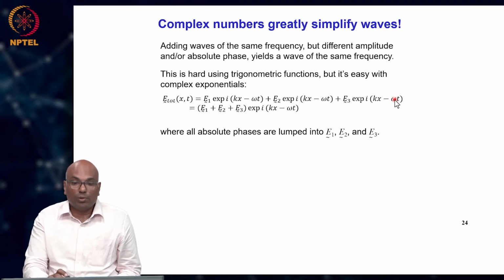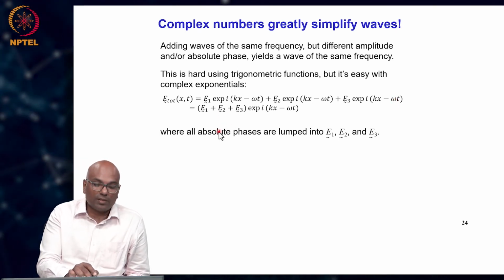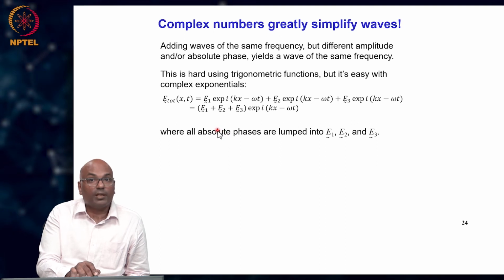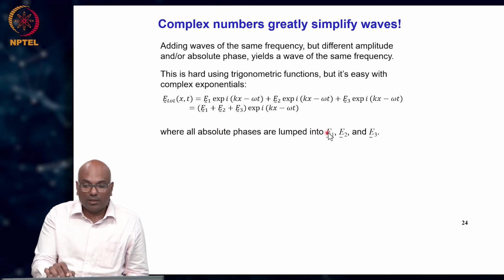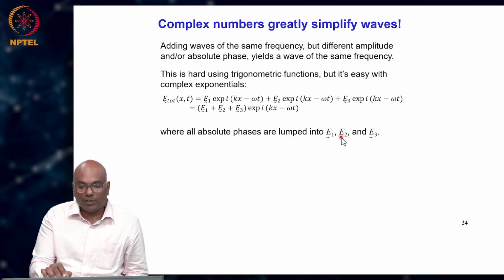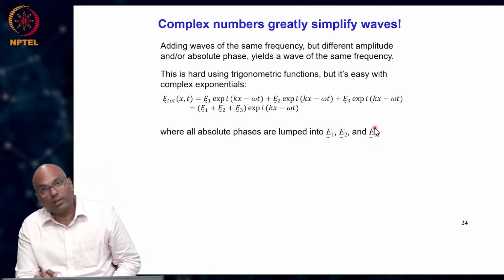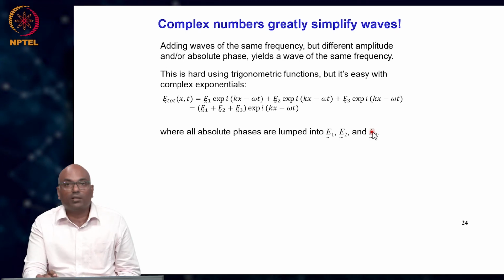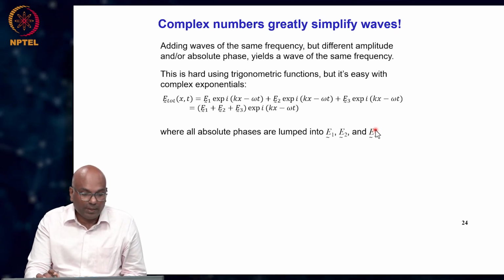The point also to note here is that the absolute phases or the initial phases need not be identical in this case, right? The initial phase of wave 1, theta 1, initial phase of wave 2, theta 2, and initial phase of wave 3, that's theta 3, could well be different.